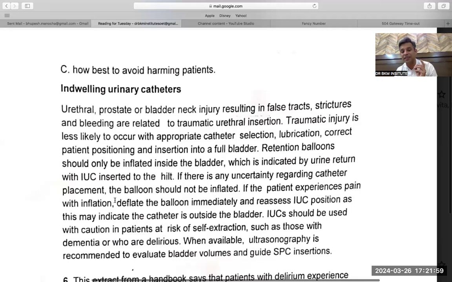If the patient experiences pain with inflation, then deflate the balloon immediately and reassess the IUC position. If the patient is having pain, that means the insertion is wrong. So overall, the topic is about traumatic injuries, deflating balloons, and putting it at the right position. So it's talking about how to prevent the traumatic injury.